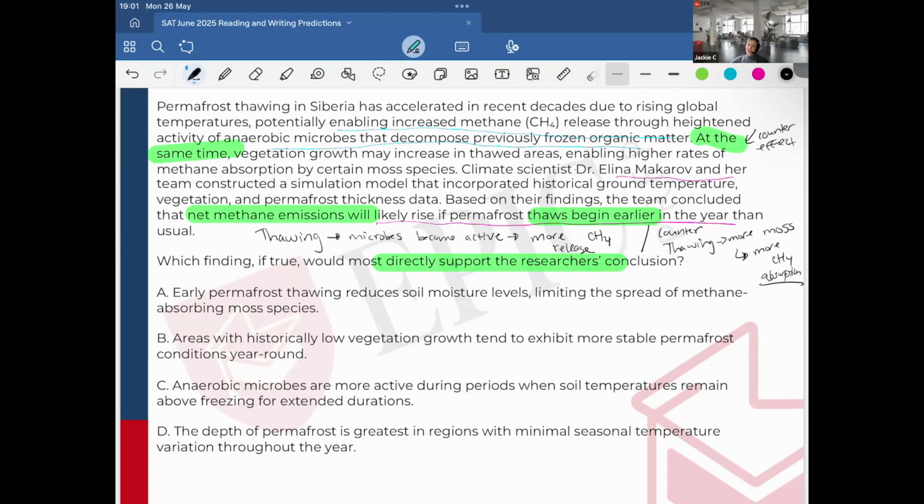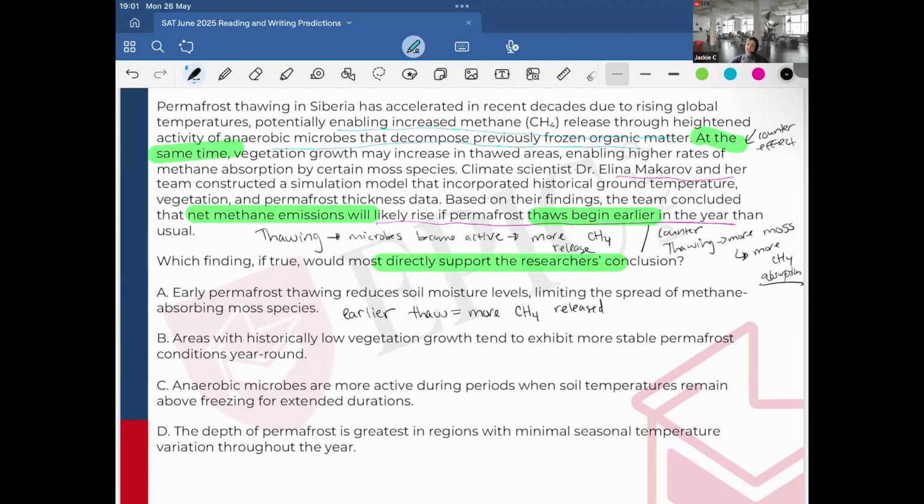Okay, so let's take a look at the answer choices. So A, early permafrost thawing reduces soil moisture levels, limiting the spread of methane absorbing moss species. Oh, this is actually supporting the conclusion, which I didn't write above because I ran out of space, but basically earlier thaw equals more methane CH4 released.